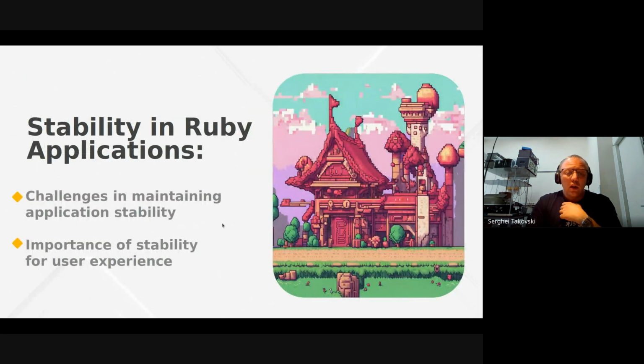So there are two big challenges when we use Ruby implementations, Ruby services. Two big challenges in how we can improve our stability.